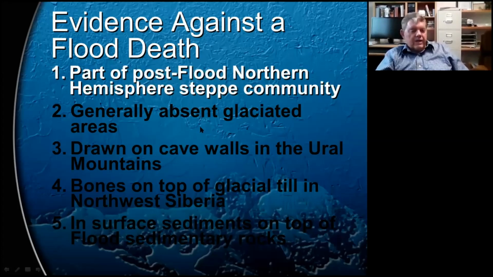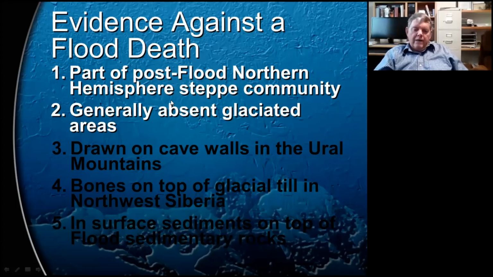But if that was the case, why are mammoths part of a post-flood northern hemisphere steppe community? A steppe's a grassland area. And during the Ice Age, the areas not glaciated were a grassland, part of a steppe community. And they wouldn't be part of that community if they died very early in the flood.